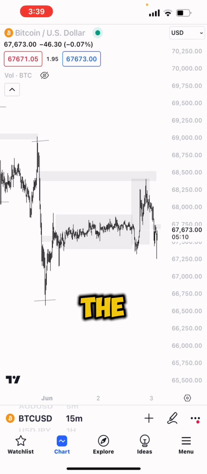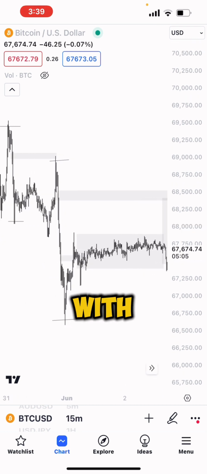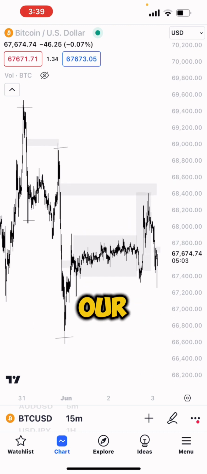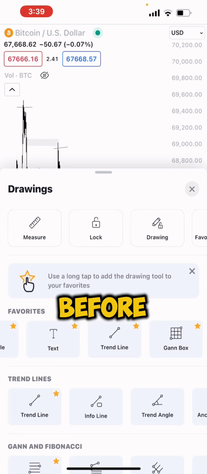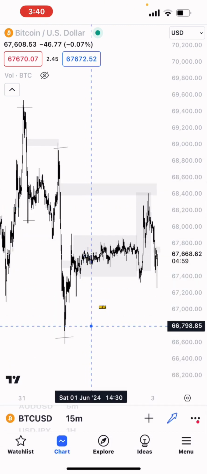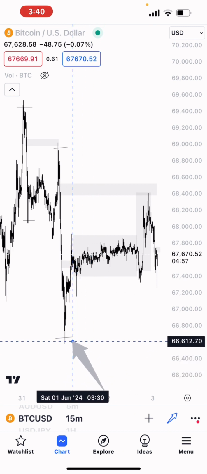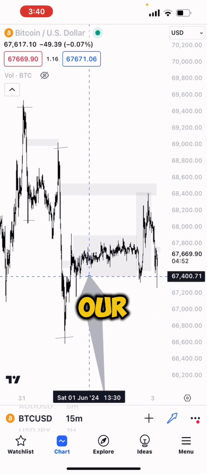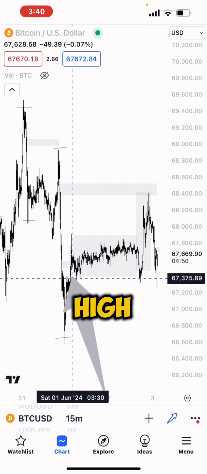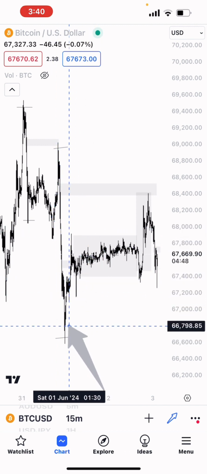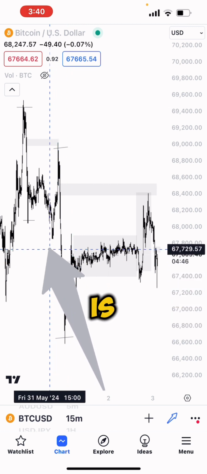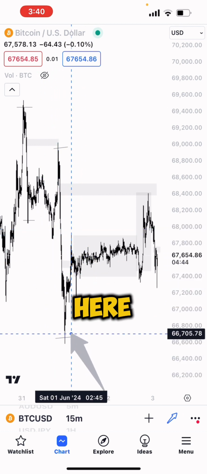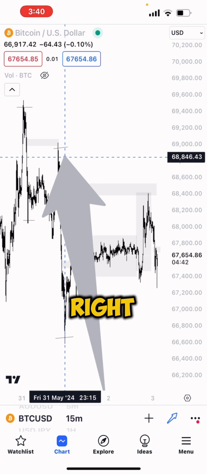It tapped into the zone that was already aligned with the structure in the first place, because our current low before the weekend is here. That's our current low, and our current high is right there.